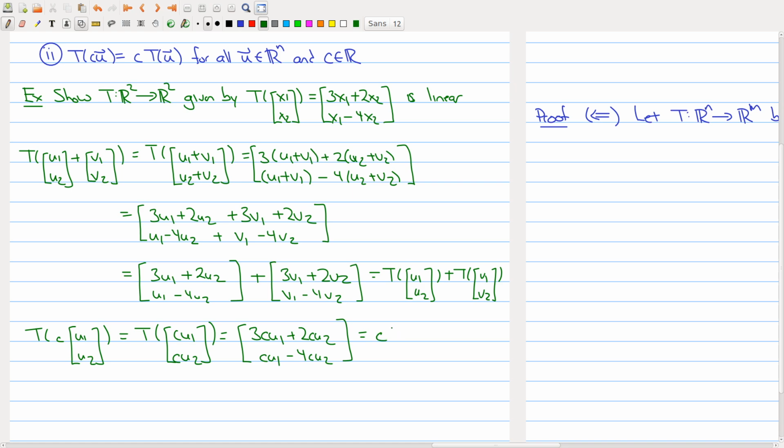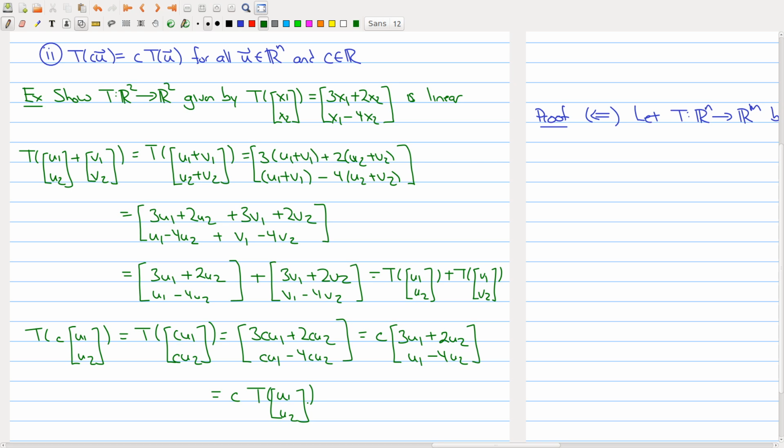So I have c, and then I'm left over with (3u1 plus 2u2, u1 minus 4u2). And notice that this is what I would get if I had just plugged the vector (u1, u2) into my function. So I get the scalar multiple of T(u1, u2).